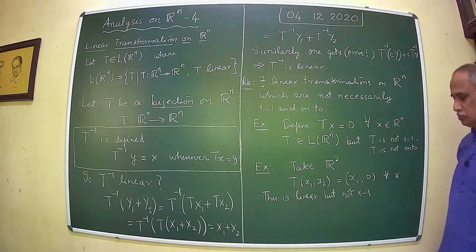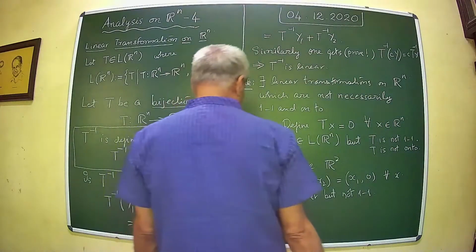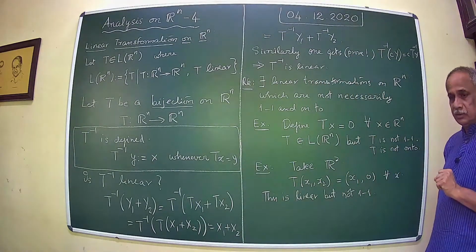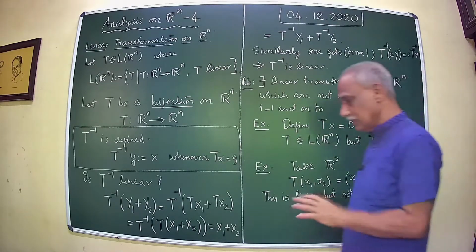But this is not true. There are plenty of operators in Rn which are not one-to-one and onto. That means they are not invertible.